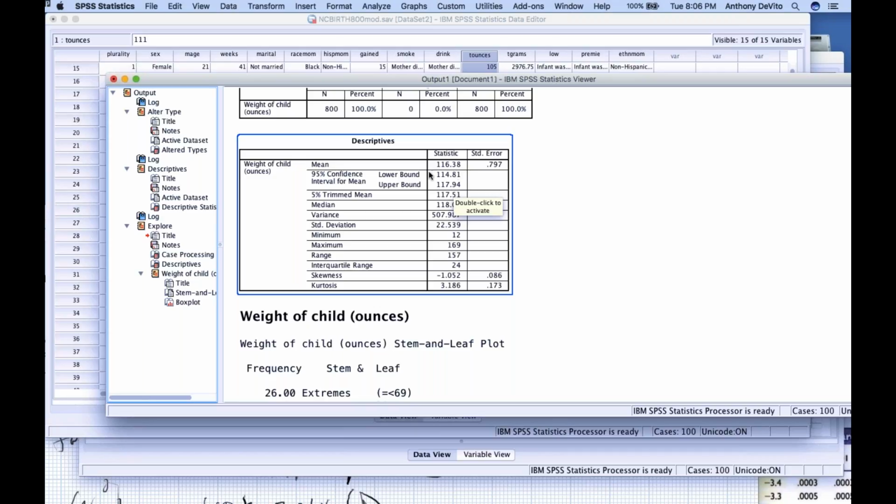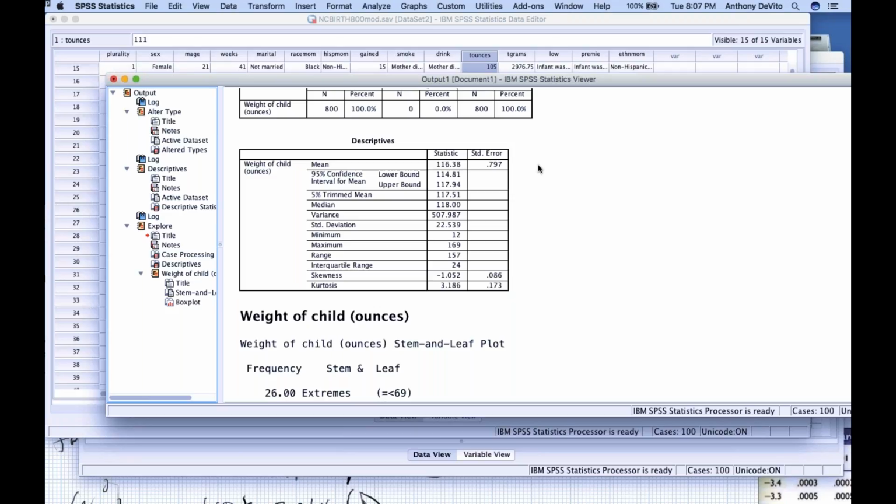How did it calculate that? It did not use 1.96. It used the t-score for a sample size with 799 degrees of freedom. And we don't have a t-table like that, do we? Well, the thing with SPSS is that it's a computer program. It's not extra work for it to be extra precise.